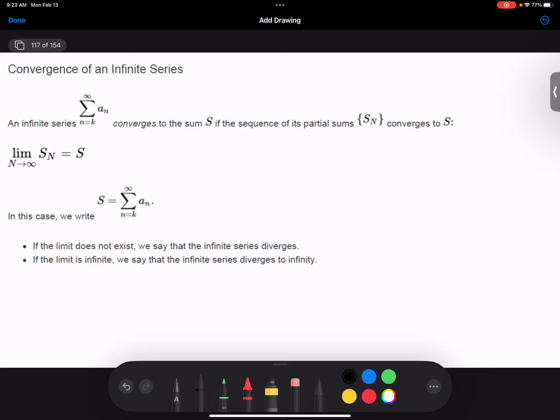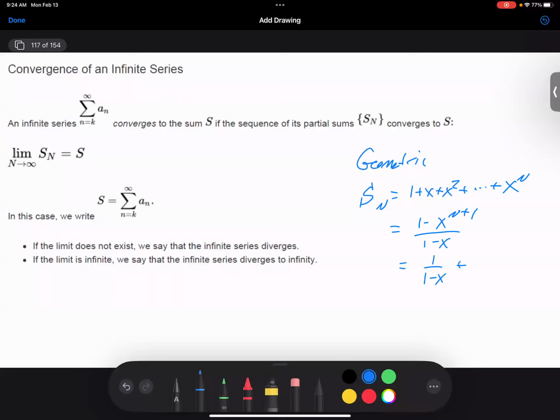Okay, so for the geometric series, we would have S_n as 1 plus x plus x squared all the way up to x^n. And we showed it was (1 - x^(n+1))/(1 - x), which we can write in a very nice way as 1/(1 - x) minus x^(n+1)/(1 - x).